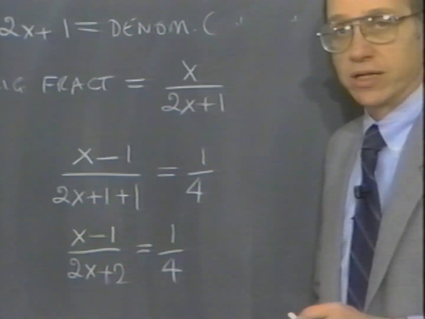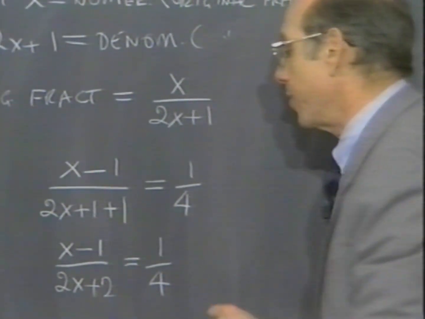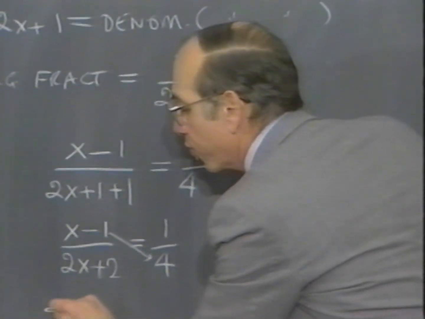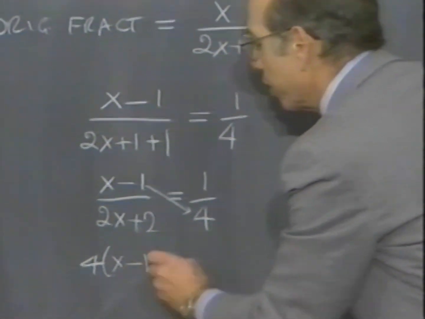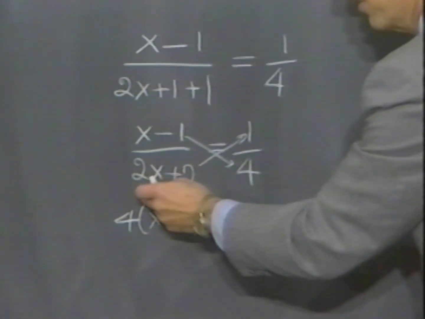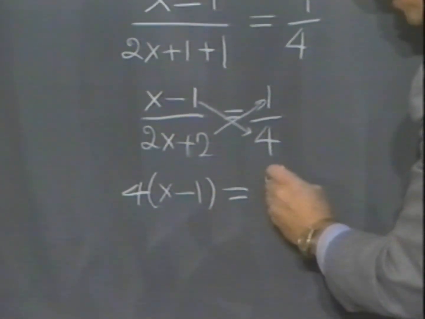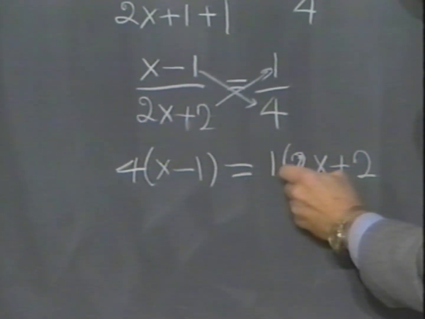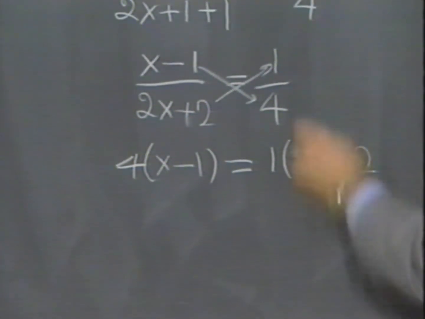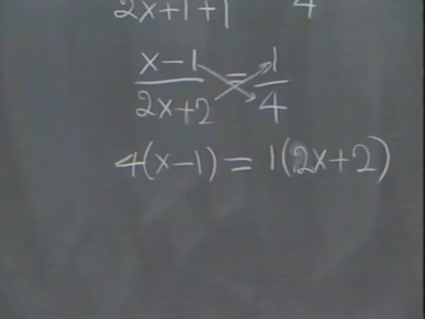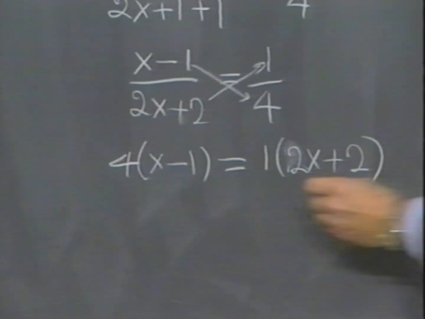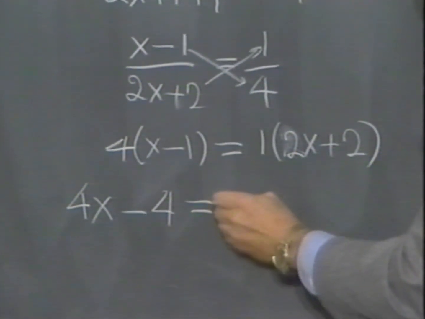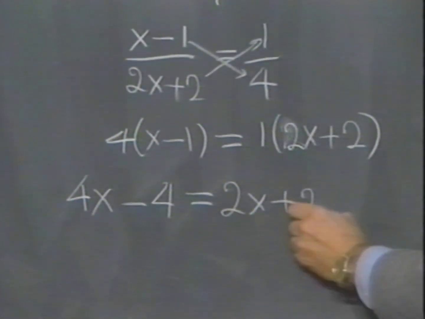And now we'll use that little cross multiplication trick that we had before. We take x minus 1 times 4, that's 4 times x minus 1, is equal to 1 times 2x plus 2. Now we'll expand, and we have 4x minus 4 is equal to 2x plus 2.